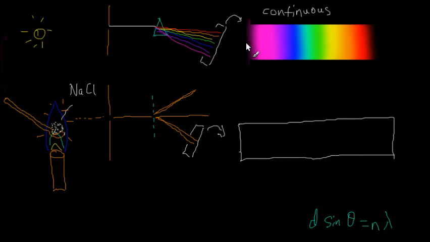Now this time, you won't see a continuous spectrum, you won't see any rainbow color. What you would see is something very different. You would see this.